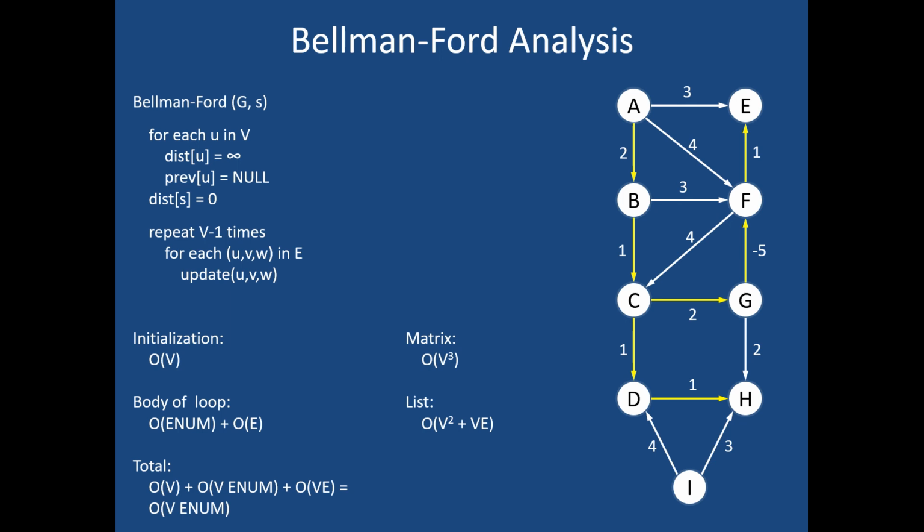Because we consider it linear if the matrix is O of v squared and the list is O of v plus e, is this still considered cubic and quadratic respectively? Yeah, that's a reasonable question. Is this really cubic if we're willing to call a v squared algorithm linear?